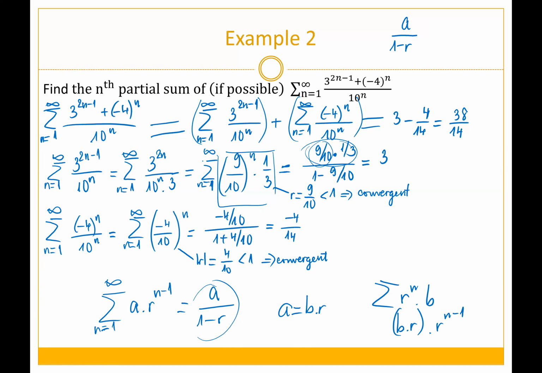The way that I write it here just allows you to find what is R and what is the factor that you have to multiply to it, like some extra thing here that you have to multiply to find the first term A.